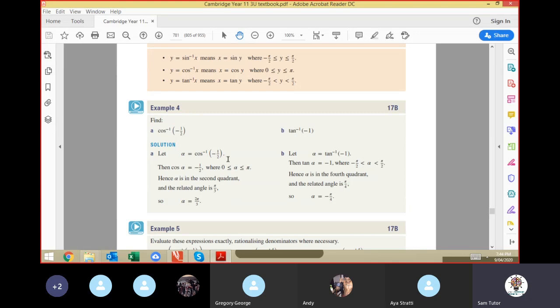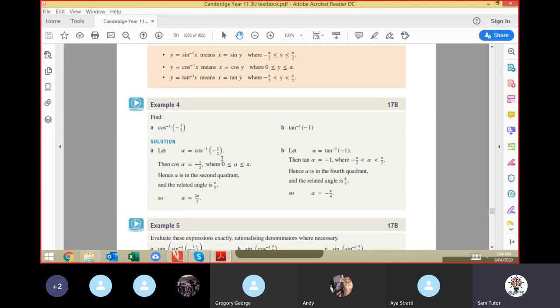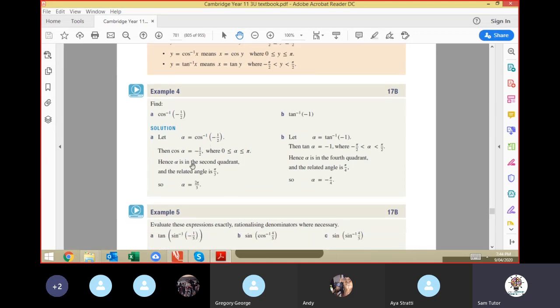Let alpha equal inverse cos of negative half. Cos alpha equals negative half, hence alpha is in the second quadrant. Cos is negative, and the related angle is pi on 3. So therefore alpha equals 2 pi on 3.